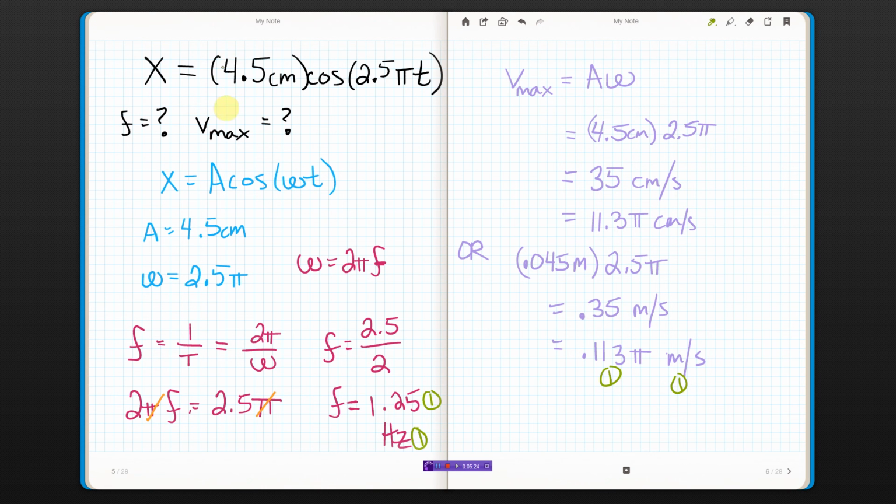So I'm going to give you points for pulling out what you need from here. It could be that you explicitly write them. So somehow pulling out that the amplitude is the thing that's in front here, either by writing it explicitly or by having an equation with nothing in it and then explicitly substituting, like going from A to 4.5 centimeters.